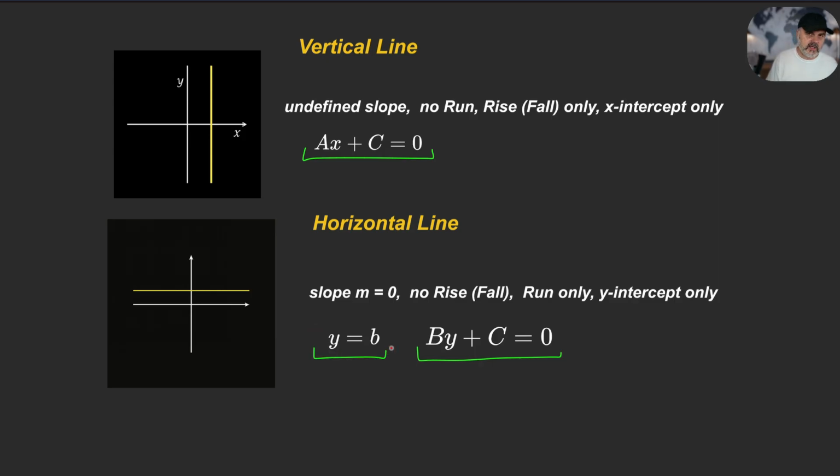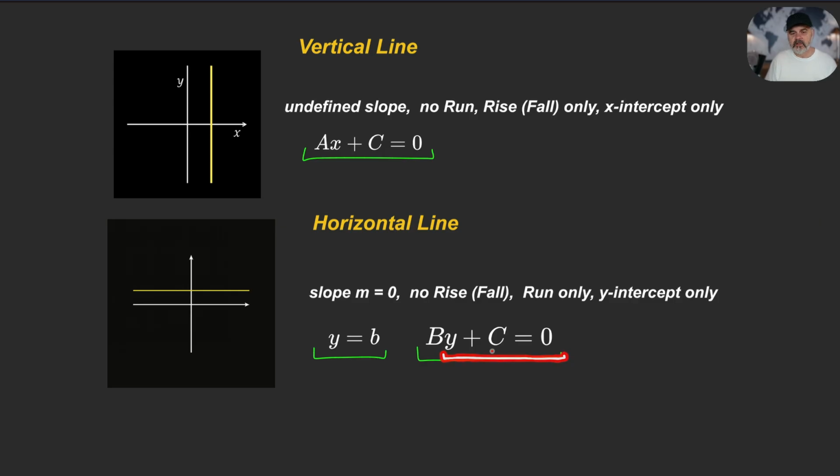So the y-intercept is used here to describe the equation of a horizontal line. Or thinking of the standard form, x is not considered to be a very important or critical value, so by plus c is the standard form of that horizontal line. When you solve this equation for y, you would get only one answer.